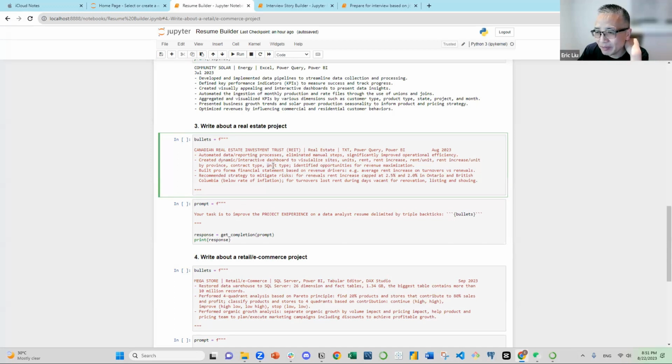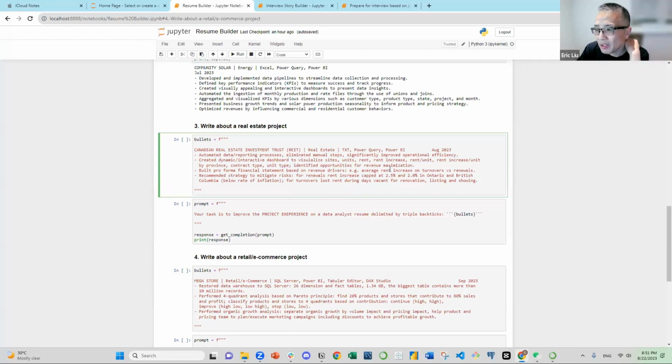Unit type, you could have one bedroom or bachelor, two bedroom, right? Contract type: if you are going to stay, you could renew your contract, or if somebody moves out, it's a new contract, so it's called turnover. Once again, these are specific terms to that industry, and you will need to know.